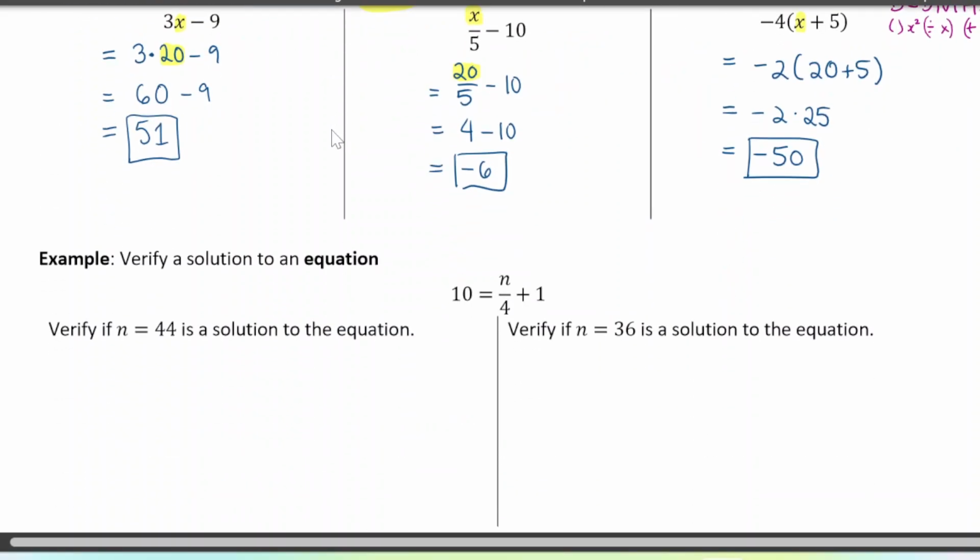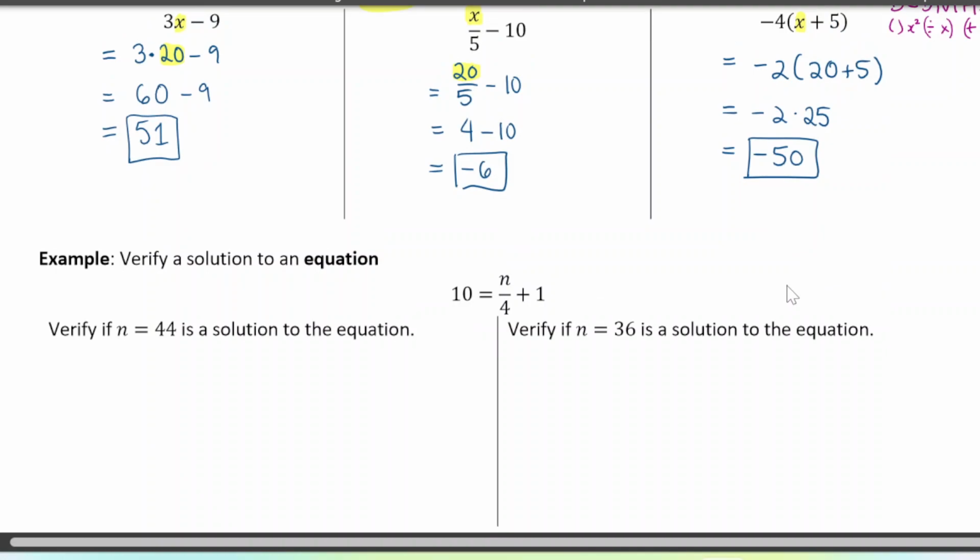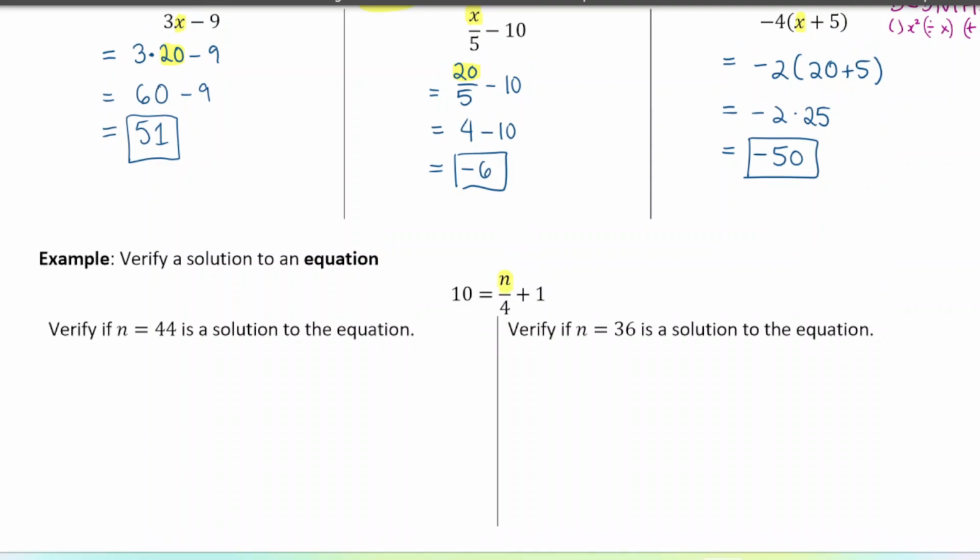Next step here, verify a solution to an equation. So here we have an equation, and my variable here is n. When I say the solution to an equation, that means it makes the equation true when you plug in that variable. So if I have n equals 44, I'm going to replace the n with 44 and see if the equation's true.